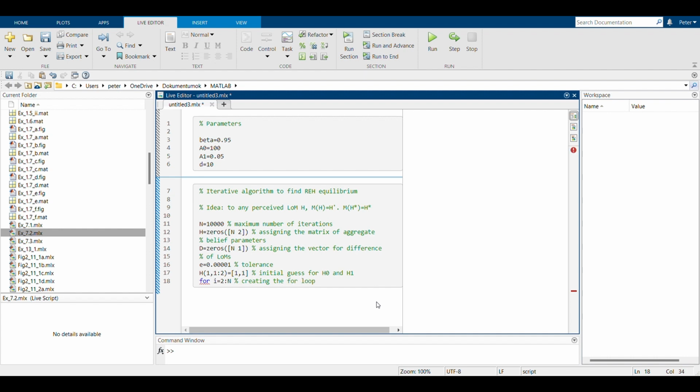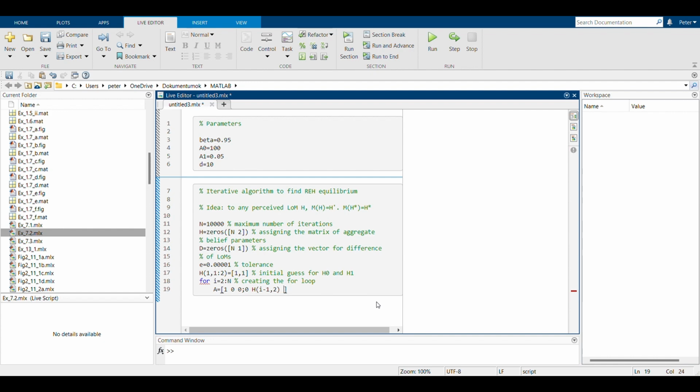The for loop, okay, and here we are giving the matrices on the basis of which our algorithm is going to work. Matrix A is crucial because, as you remember, its second row contains the belief parameters.